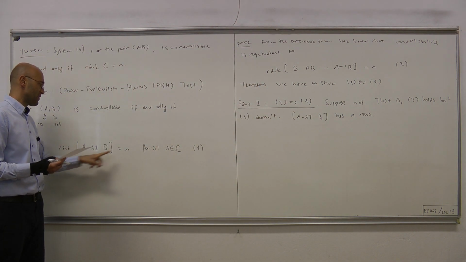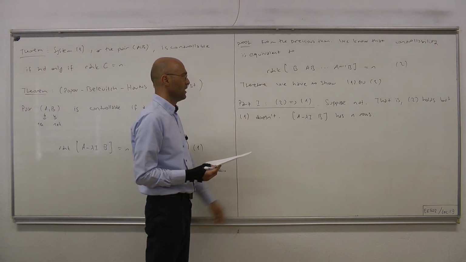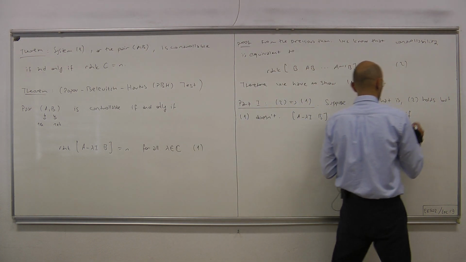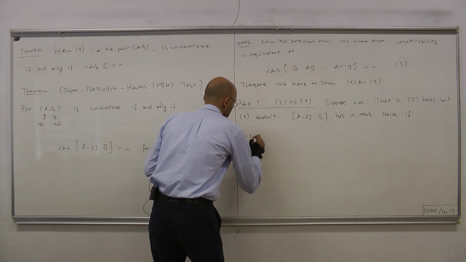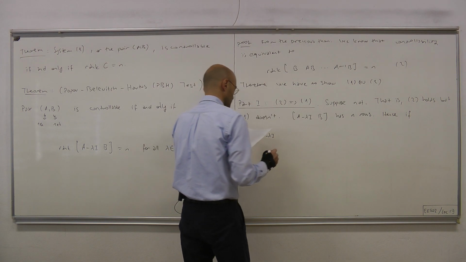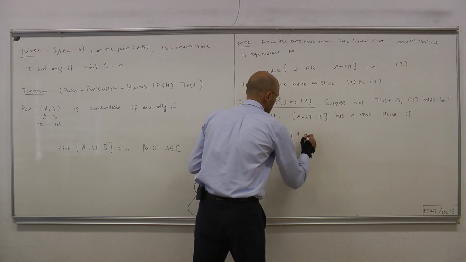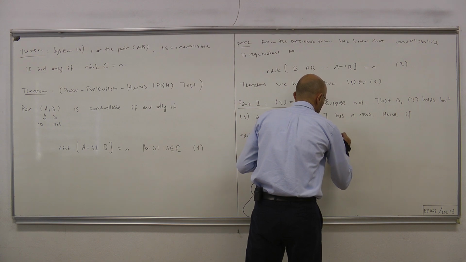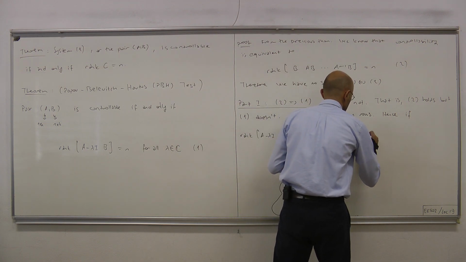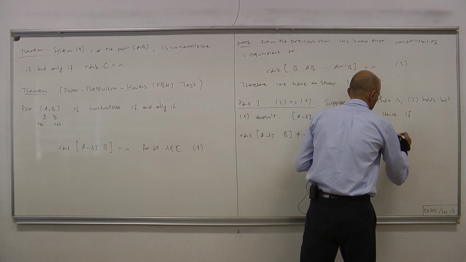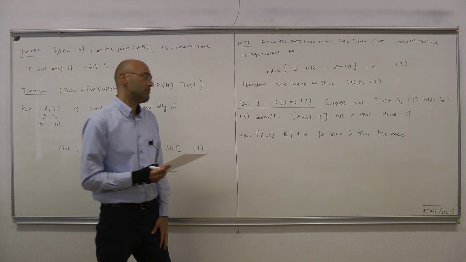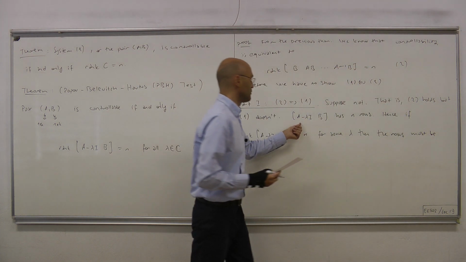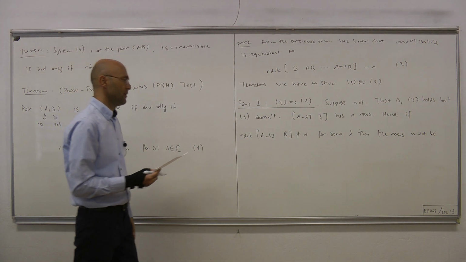Hence, if the rank of [A minus lambda I, B] is less than n for some scalar lambda, then for that particular lambda, the rows of this matrix must be linearly dependent.